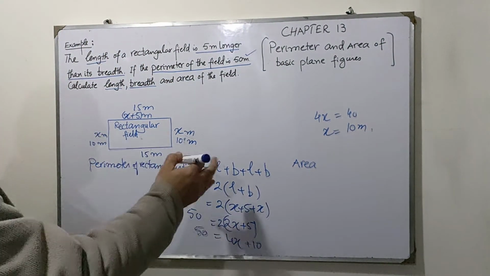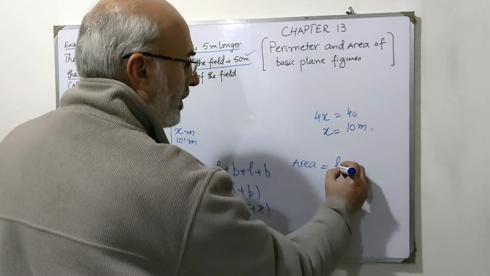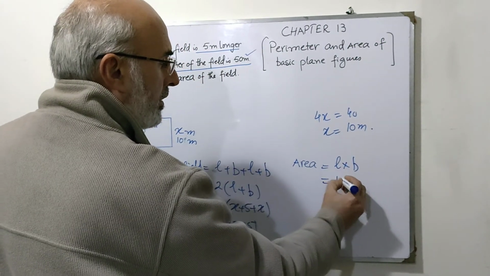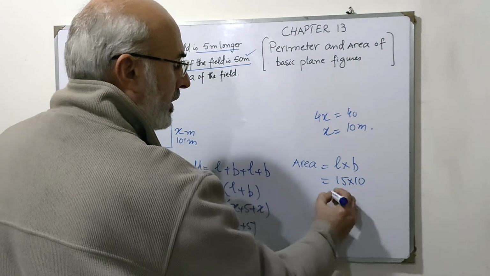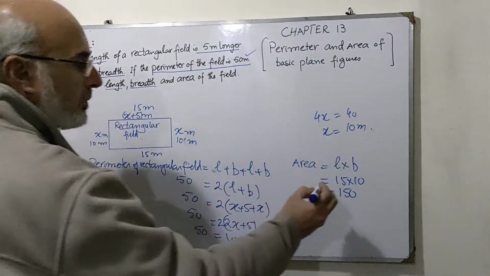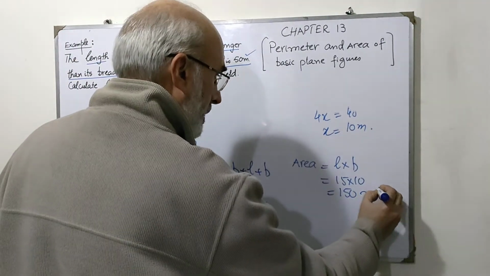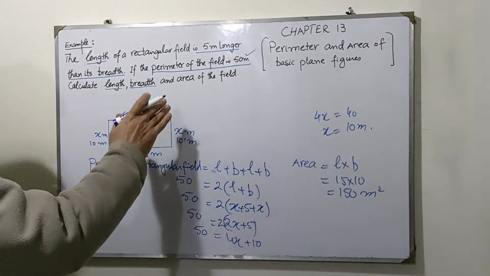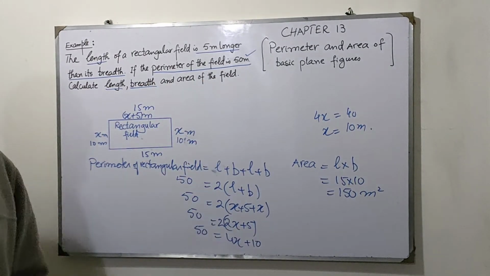Area is length into breadth, which is 15 into 10 is 150, and meter into meter, meter square. So we have now length, breadth, and area.